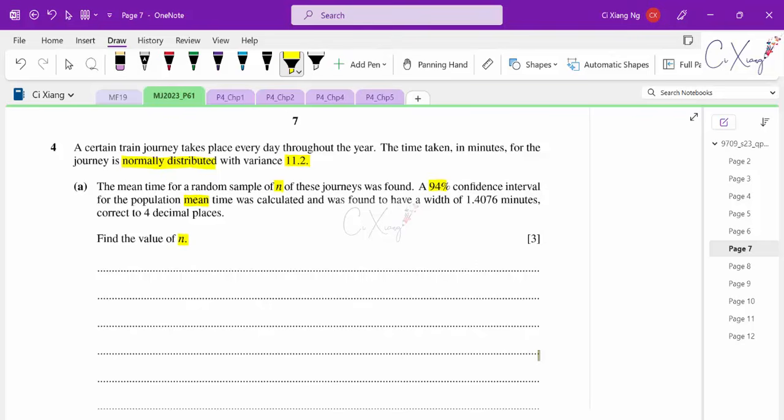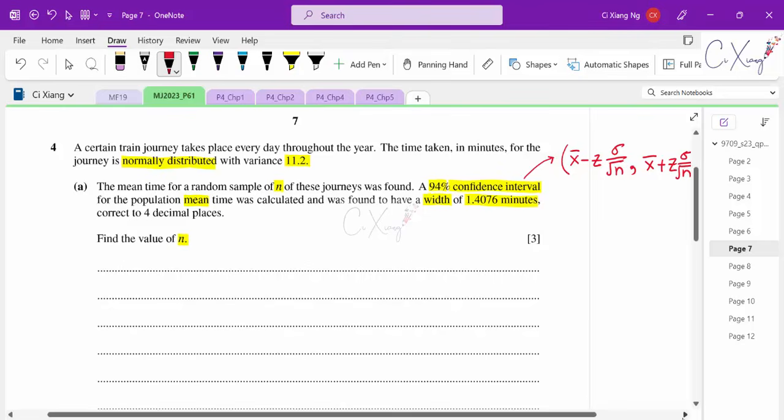Okay, so for this question, before we can find the value of n, let's have a look at the information provided here. They tell us that we are having a 94% confidence interval and it has a width of 1.4076. So for the confidence interval of the population mean, the general formula is lower limit x̄ minus z sigma over square root n, then the upper limit will be x̄ plus z sigma over square root n.